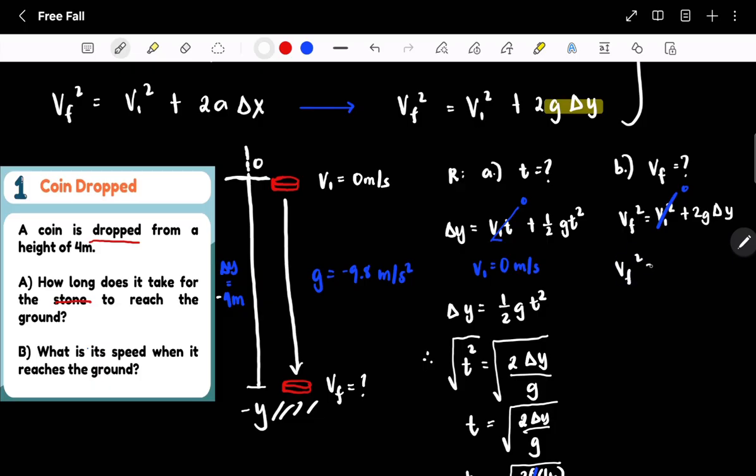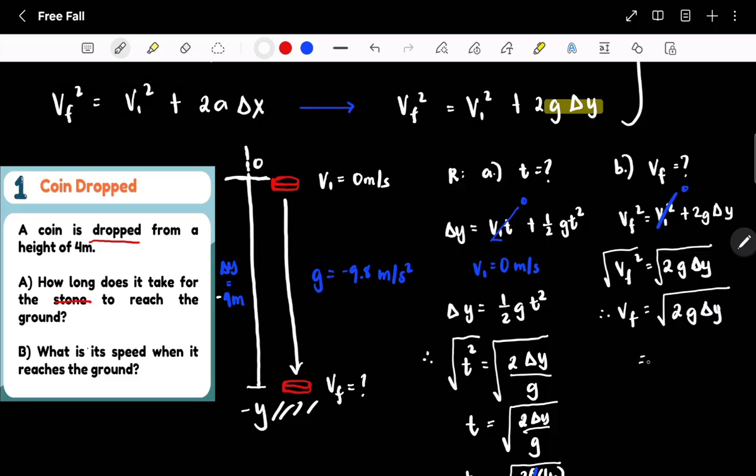VF squared equals 2g delta Y. Alright, now to further simplify, we remove the square, so you extract the square root, and you'll have a final equation of VF equals the square root of 2g delta Y.